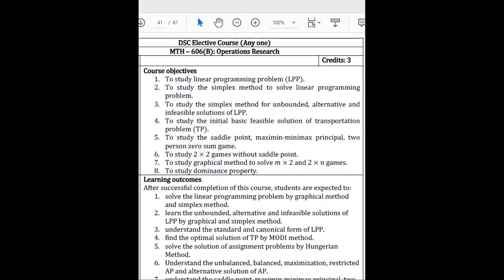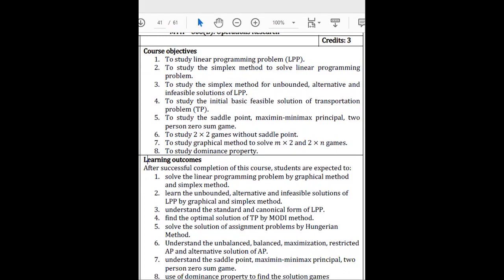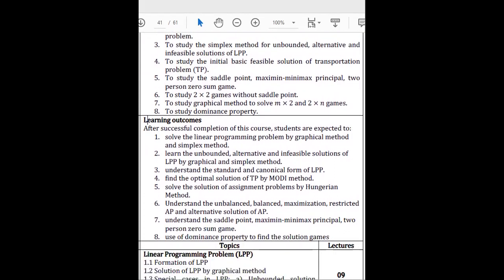After studying this course, what are the outcomes?